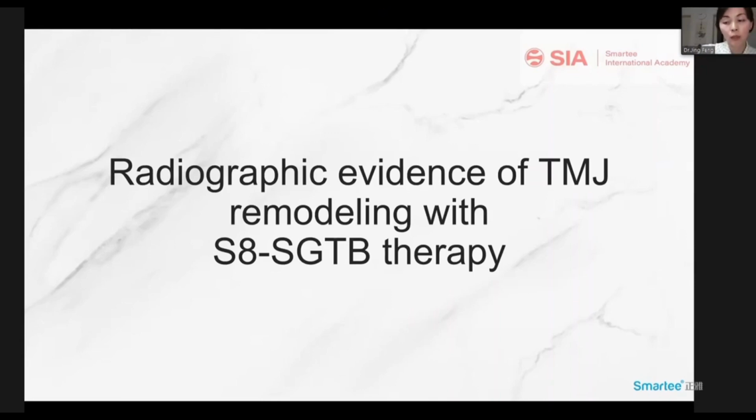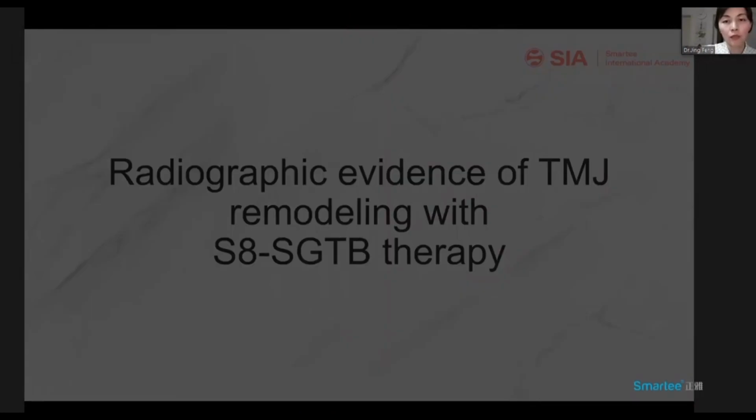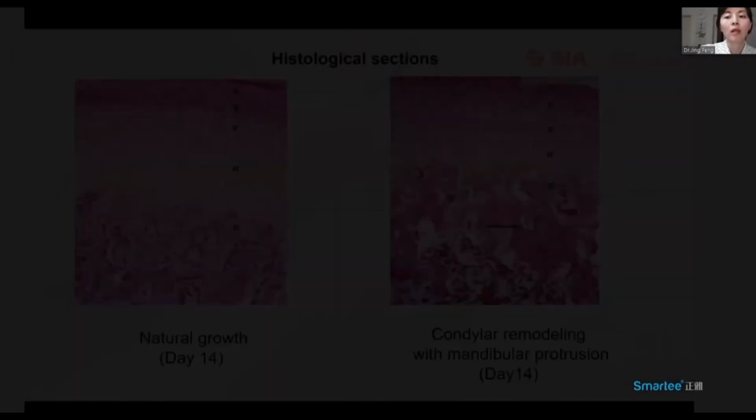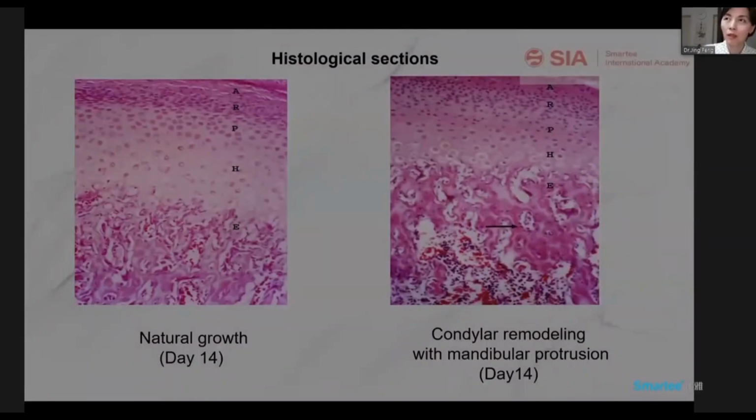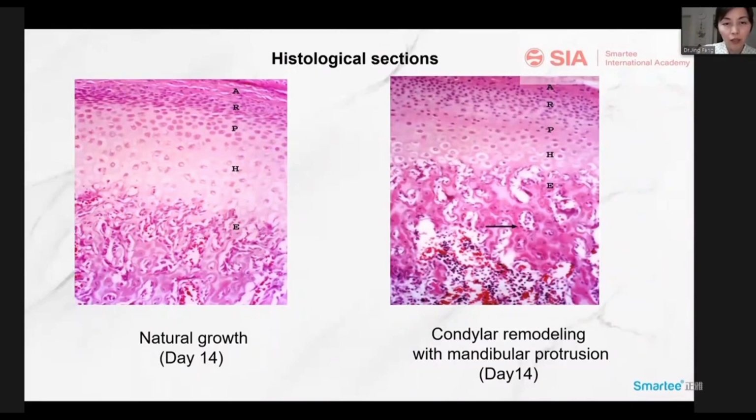Don't worry about whether the results will be stable, because we have done a lot of research, both animal research and human radiographic evidence. For the rats, the adult rats, compare the natural growth and condyle remodeling growth.